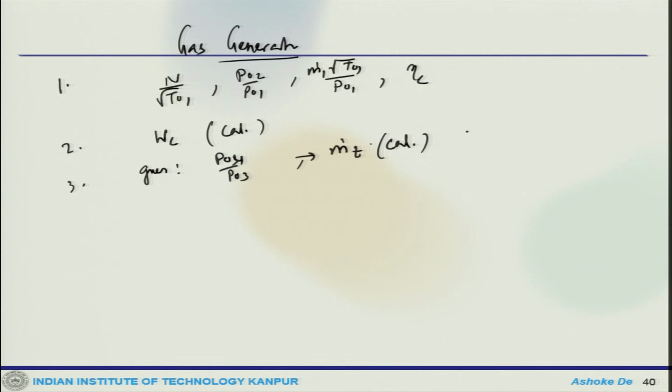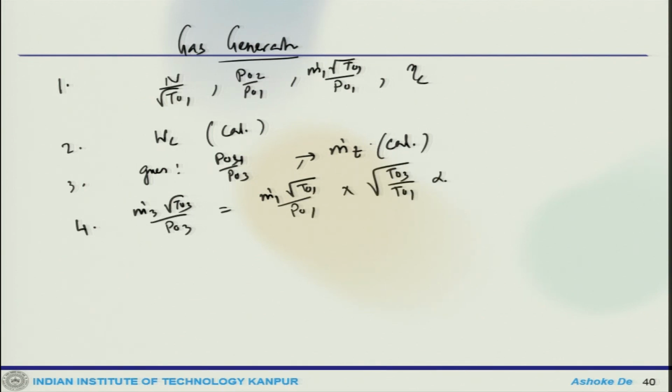Once the turbine mass flow rate is determined, for which we have already shown the equation, it is mapped with the compressor. That can be expressed as m dot 3 root T naught 3 by P naught 3 into m dot 1 root T naught 1 by P naught 1, root of T naught 3 by T naught 1, m dot 3 by m dot 1.